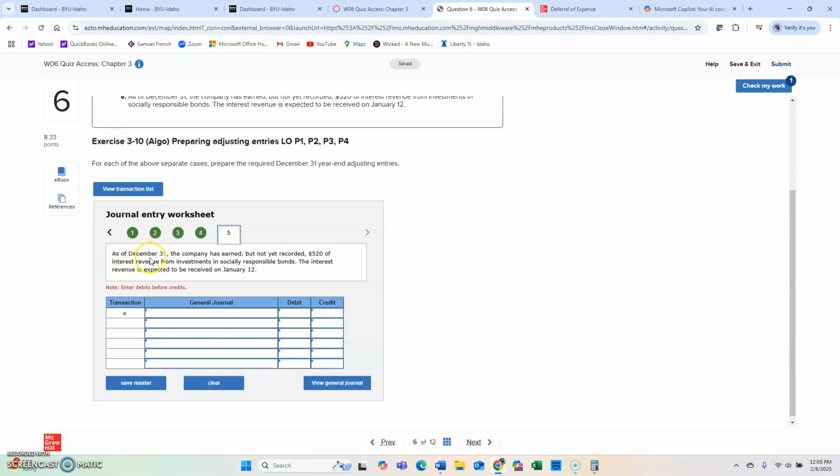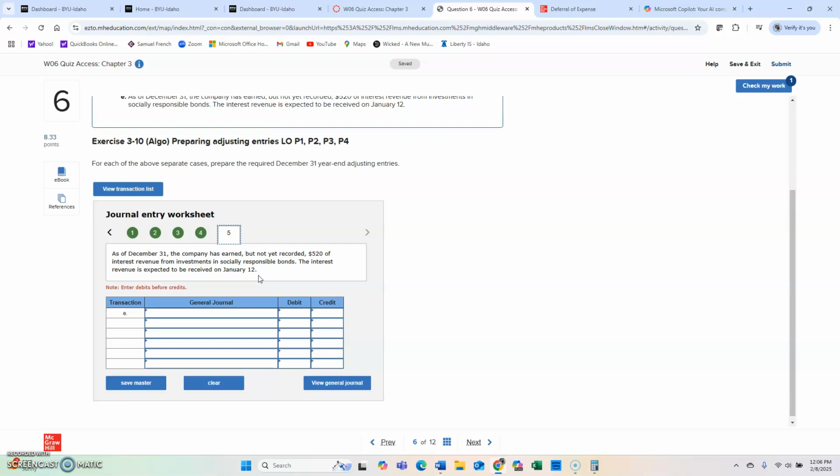Okay, as of December 31st, the company has earned, but not yet recorded, $520 of interest revenue from investments in socially responsible bonds. The interest revenue is expected to be received by January 12th.